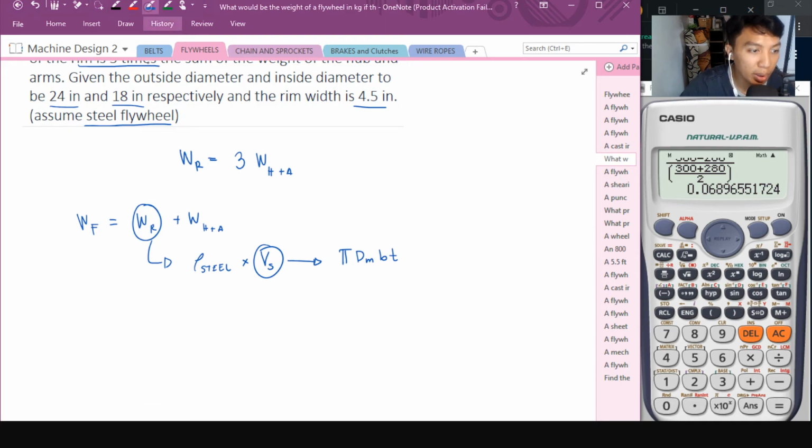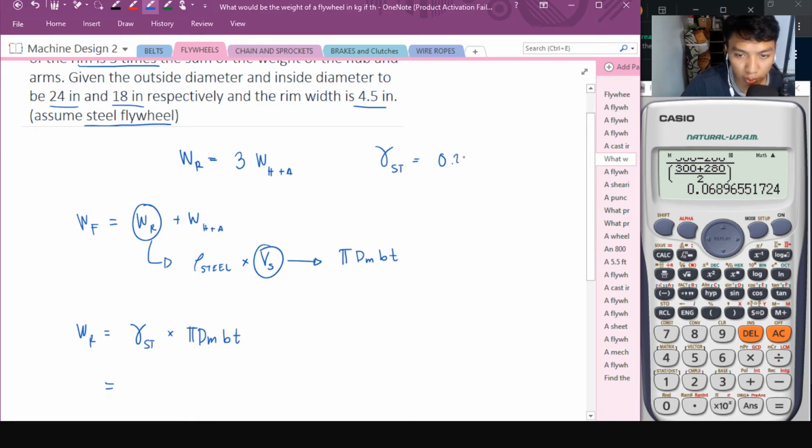So, the weight of the rim is equal to the density of steel multiplied by pi, DM, width, and then thickness. The density of the steel, you should know this.